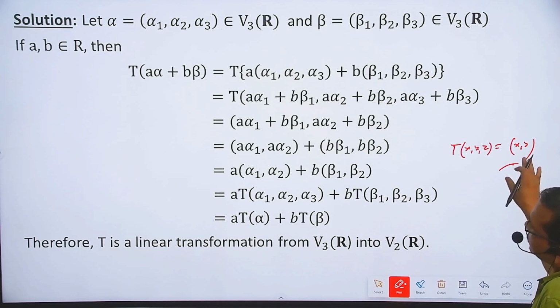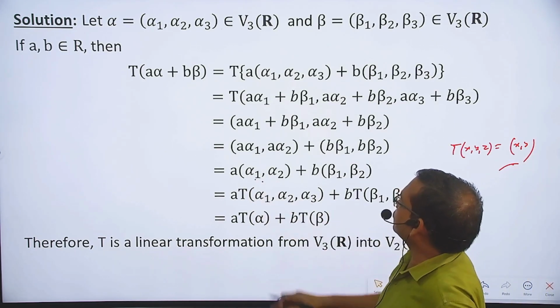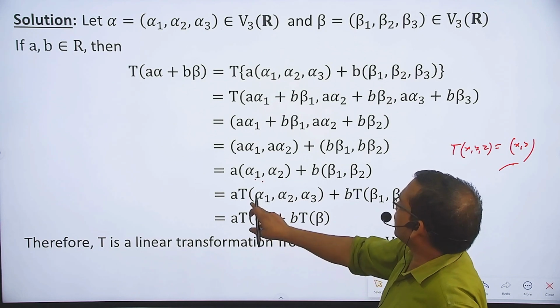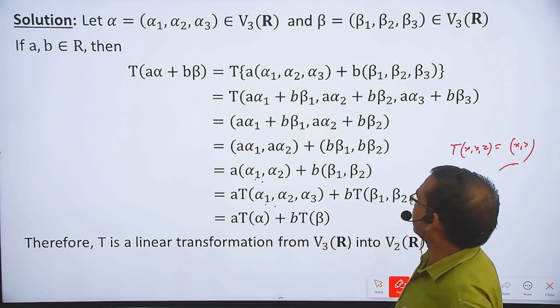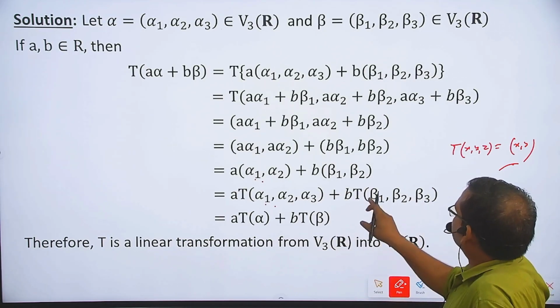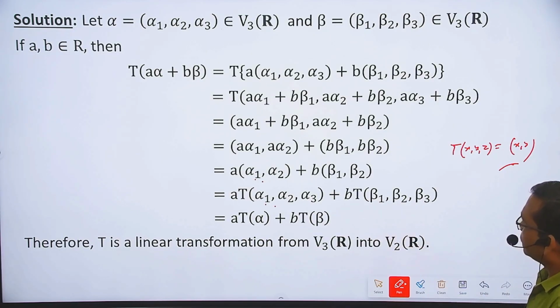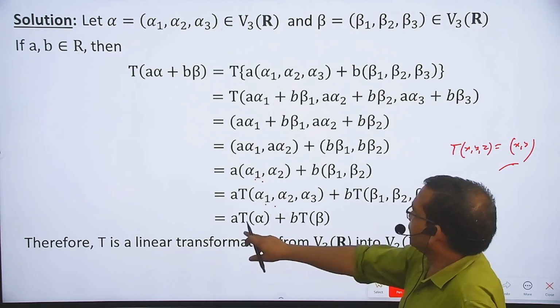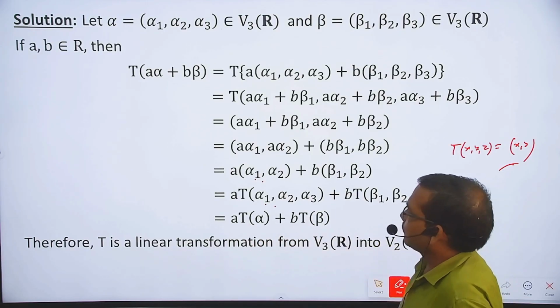So by this function we will write T(α1, α2, α3) + T(β1, β2, β3). Thus we get aT(α) + bT(β).